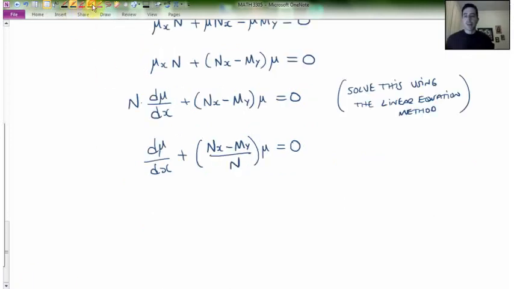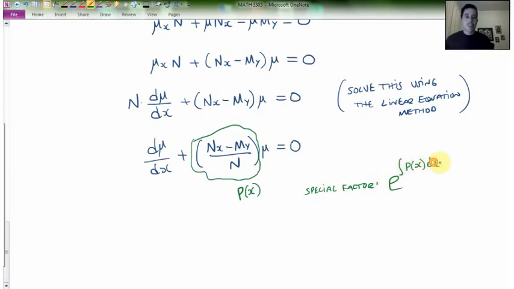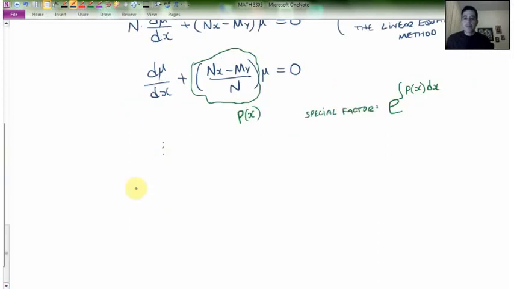So you remember how we solve this expression? This is our p of x, right? And then we need that special factor, e to the integral of p of x dx, right? So here's p of x. So if you remember the development, we're gonna multiply both sides by that special factor, and then eventually we're gonna get the derivative of a product times mu.